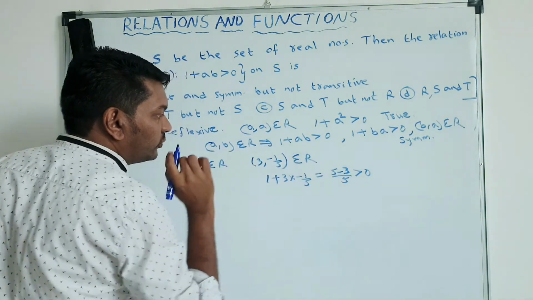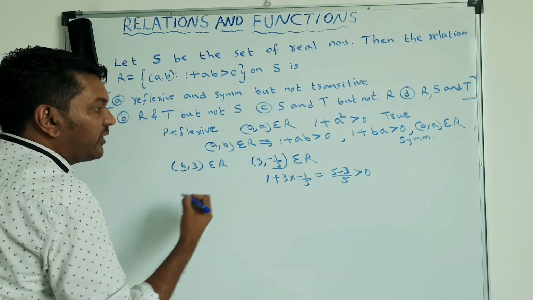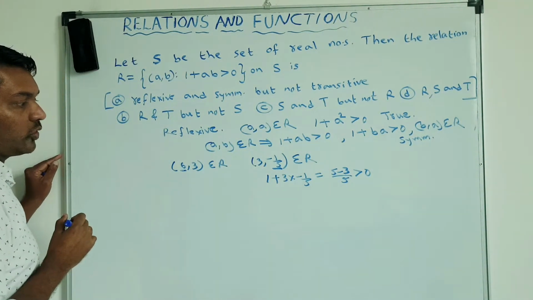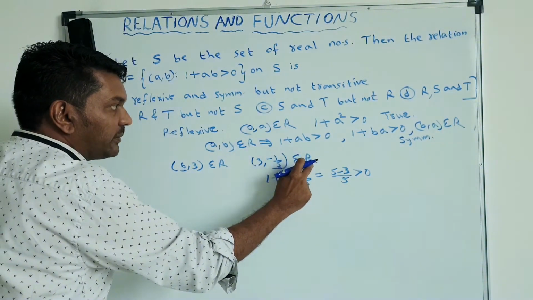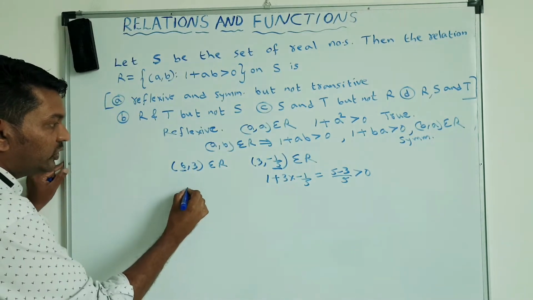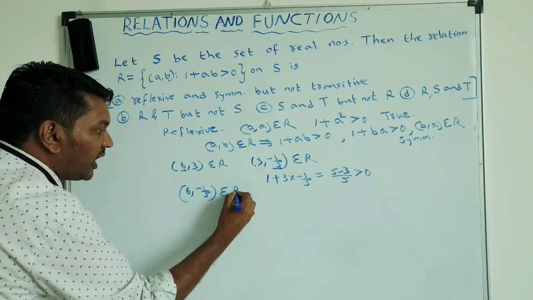So this is also true. Now I need to check whether this (6, minus 1 by 5) is an element of R or not. If it is an element of R, then it is transitive. If it is not an element of R, it will not be transitive. So I am checking whether (6, minus 1 by 5) is an element of R or not.